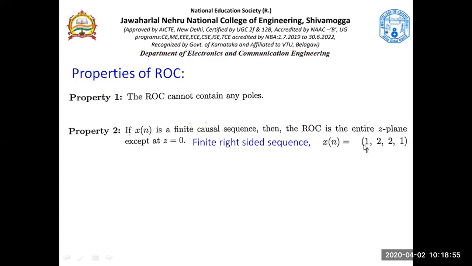The ROC of the finite right-sided sequence is the entire Z plane except Z equal to 0. They call it a finite causal sequence. What is a causal sequence? Causal sequence is a right-sided sequence. Any right-sided sequence, including the zeroth sample, is called a right-sided sequence, and for such a right-sided causal sequence, the ROC is the entire Z plane except Z equal to 0.